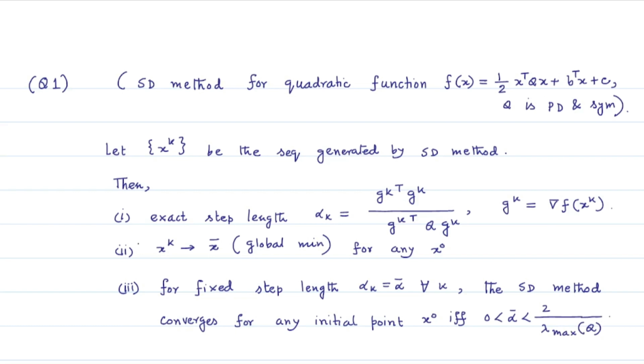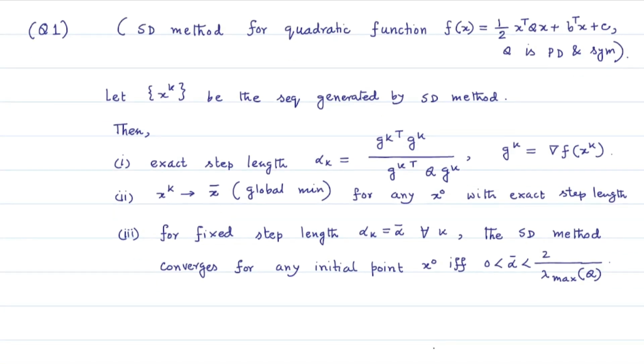Here for the second part, the convergence of the sequence xk to x bar is to be proven for exact step length. And in the third part, the convergence of xk to x bar is to be proven for taking the step length to be the constant length alpha bar, where alpha bar lies in between 0 and this quantity.